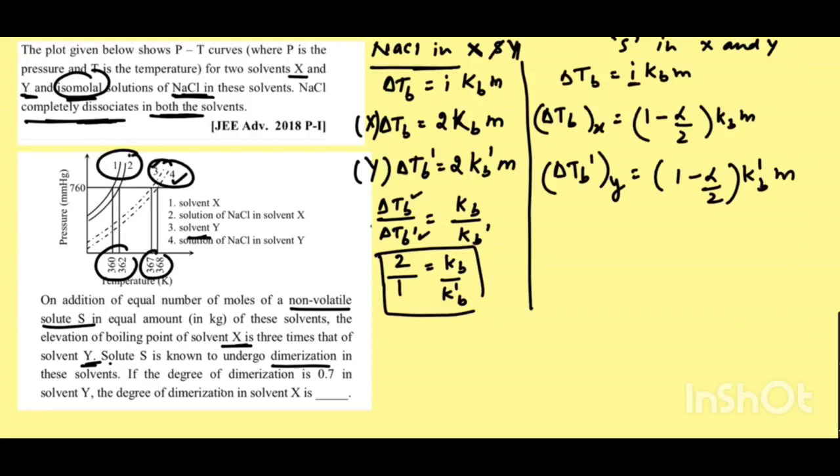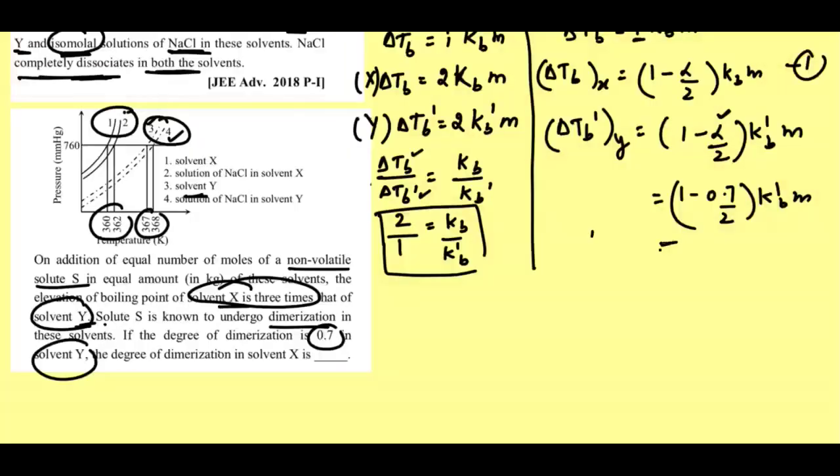What is given to me? The degree of dimerization is 0.7 in solvent Y. So I put this value: 1 minus 0.7 by 2, times Kb dash. Upon solving, I get delta Tb dash of Y is equal to 0.65 Kb dash m.